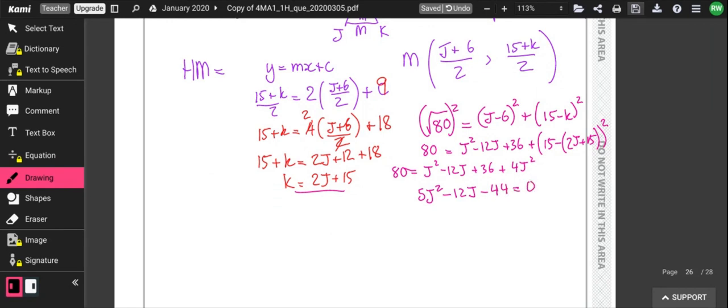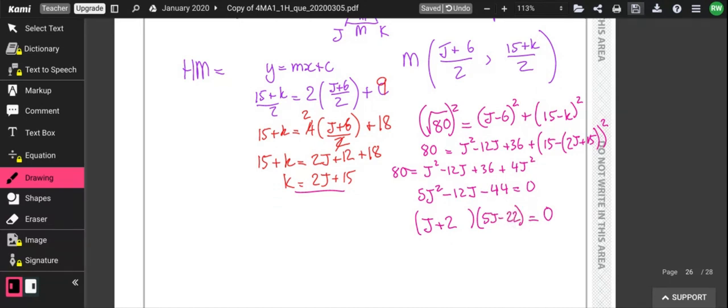And then we can factorize this to give J plus 2 and 5J minus 22.